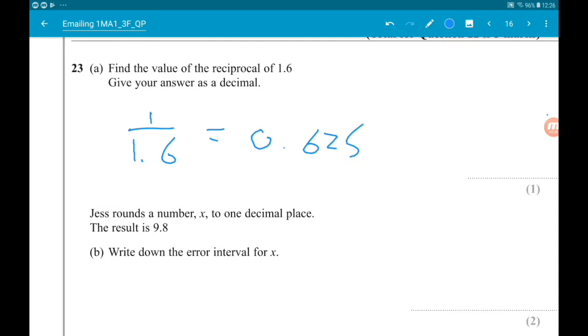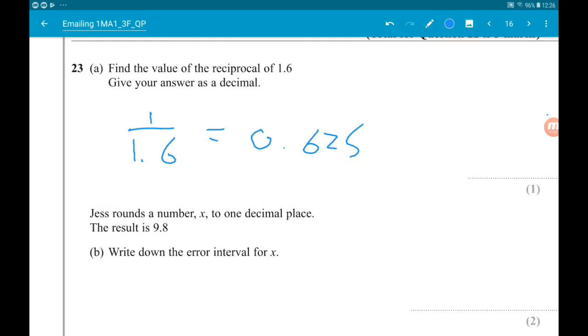Okay, then part B says that we round a number x to 1 decimal place. The result is 9.8. Write down the error interval for x. Okay, so again, error intervals are down below.